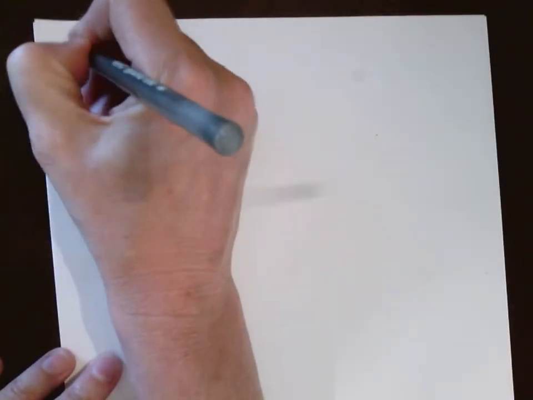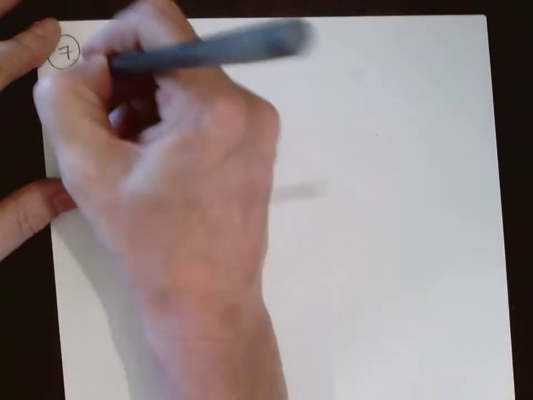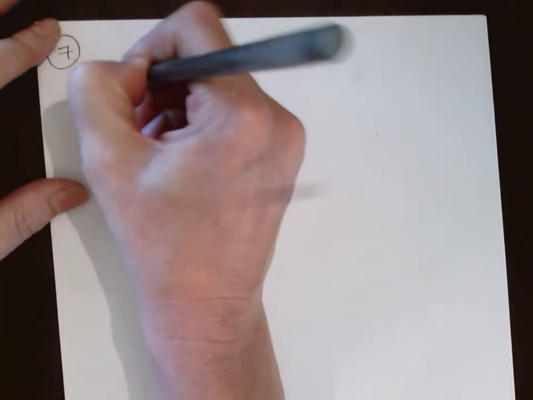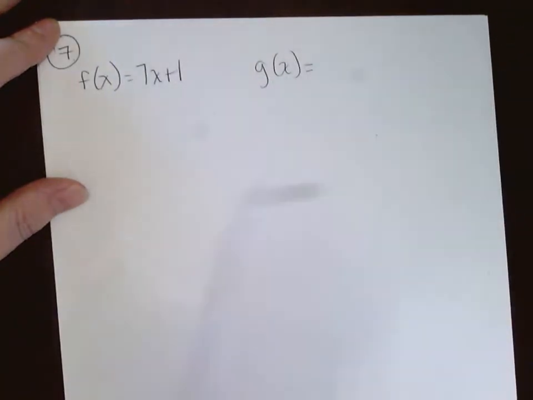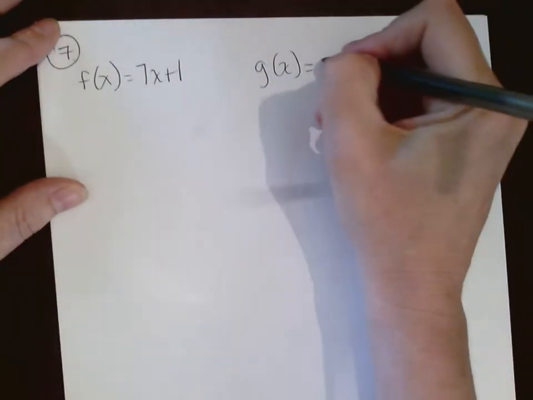Number 7. On number 7, f of x equals 7x plus 1. G of x equals square root of x.